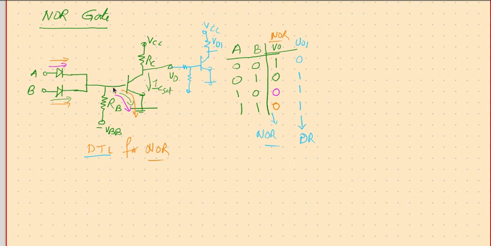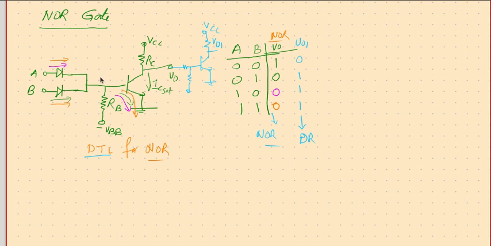So we have seen how a NOT gate can be implemented using a transistor, how NAND gate and NOR gates can be implemented by adding diodes to the transistor circuit, and along with a NAND and NOR, one more NOT gate connected will get us AND and OR operations.